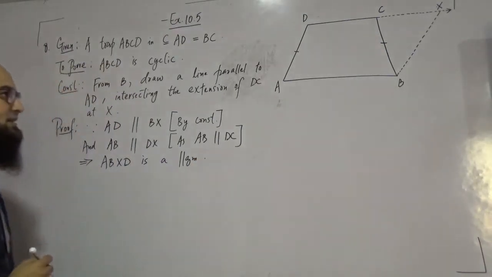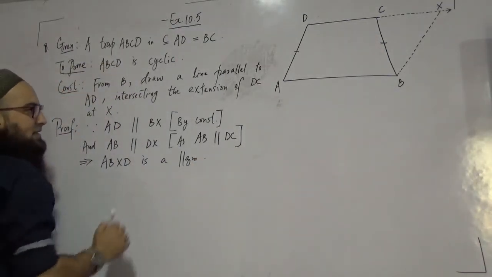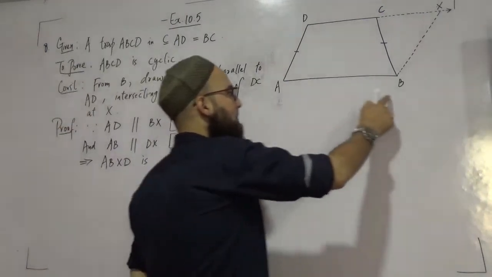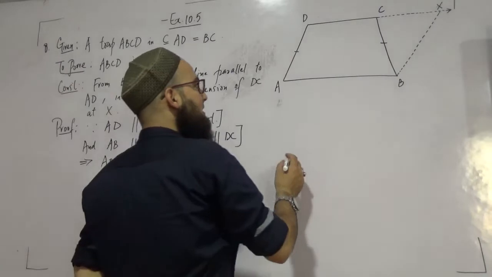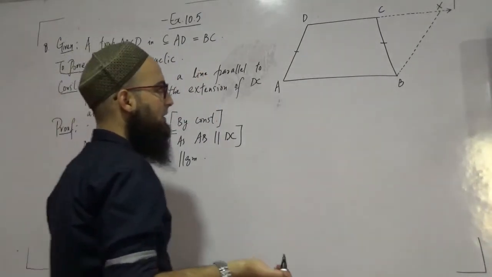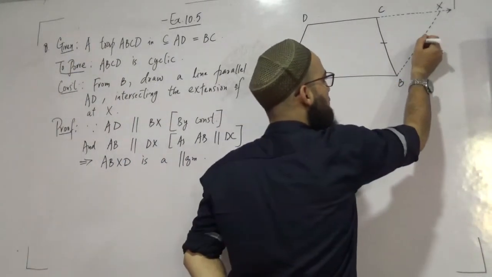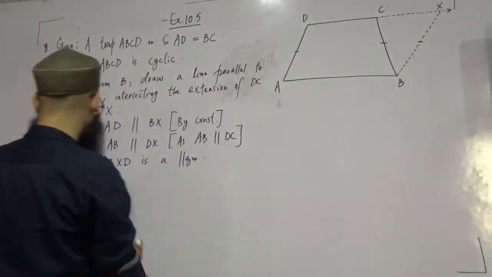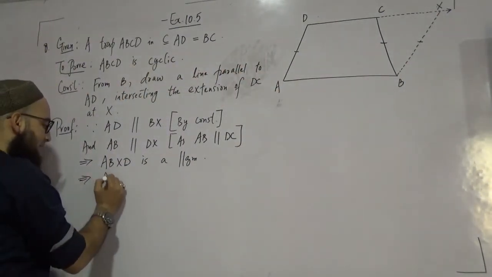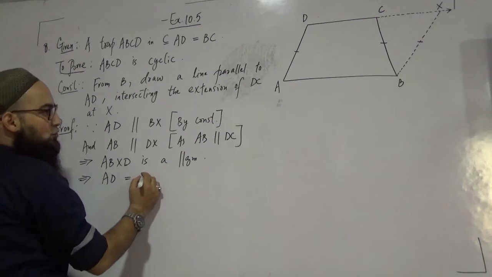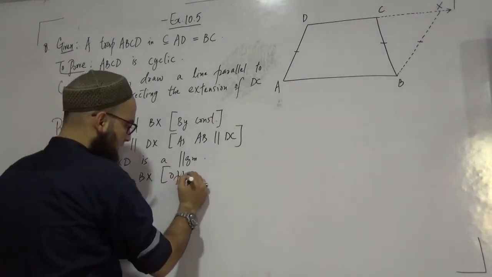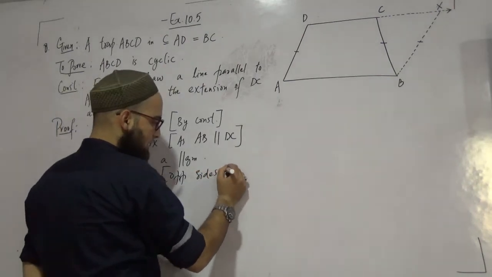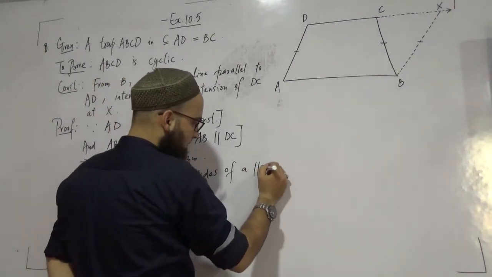Then if ABXD is a parallelogram, that means opposite sides will be equal. So AD is equal to BX, opposite sides of a parallelogram.